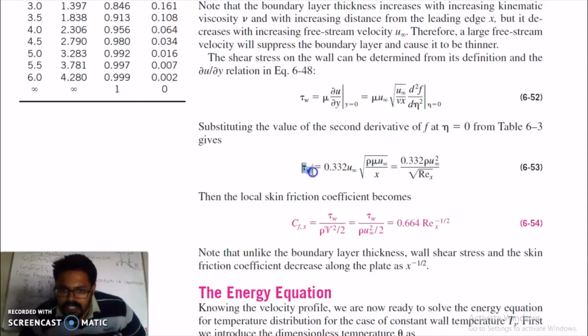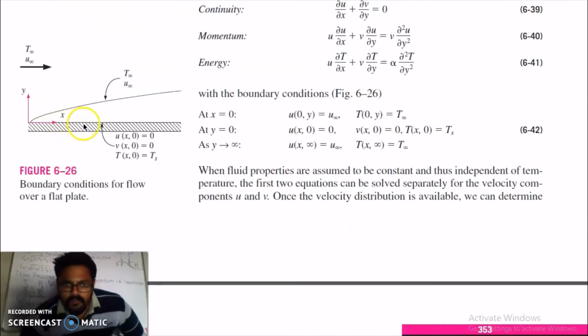So shear stress along the wall will decrease, and the local skin friction coefficient will decrease as well.